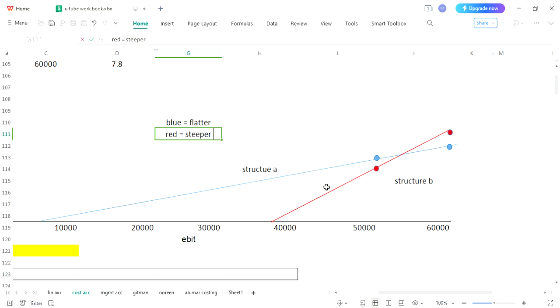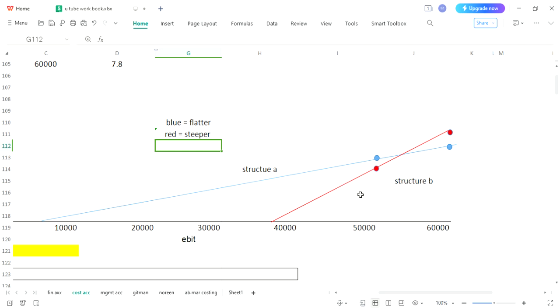What it shows, your attention is needed, otherwise it would be difficult for you to understand. Please focus upon the red line. It is showing that when your EBIT increases, a huge change will come in EPS.